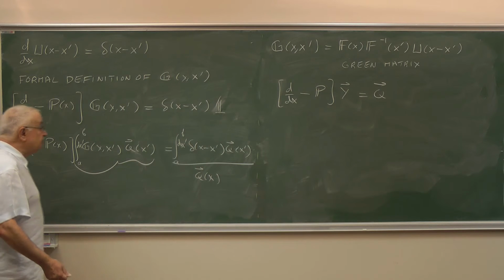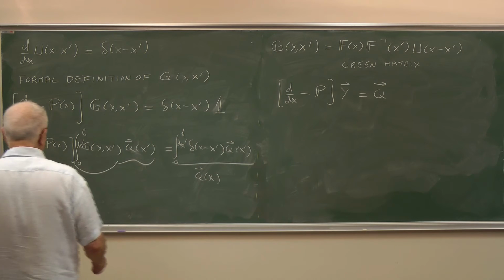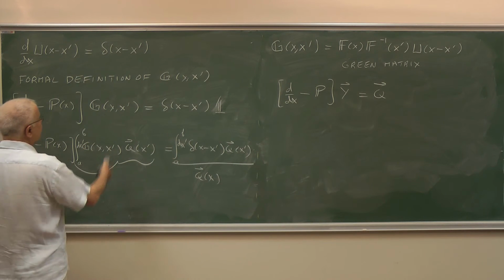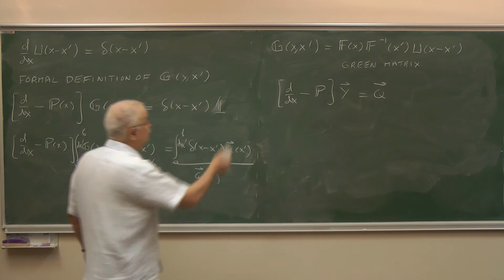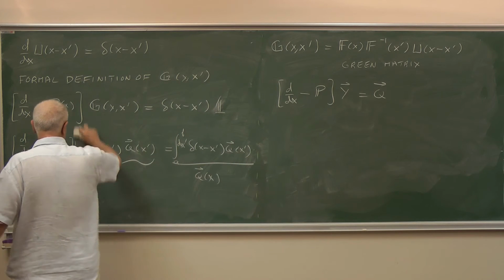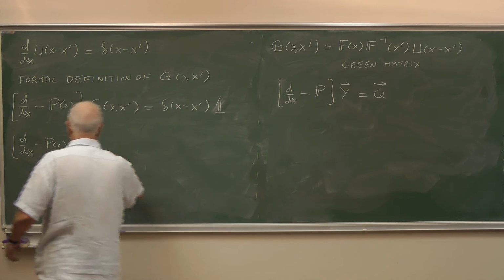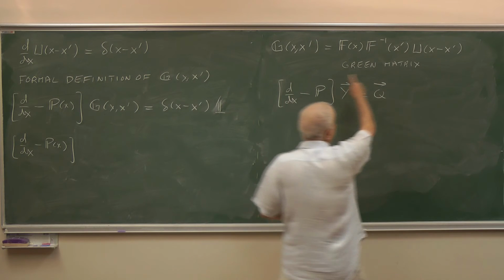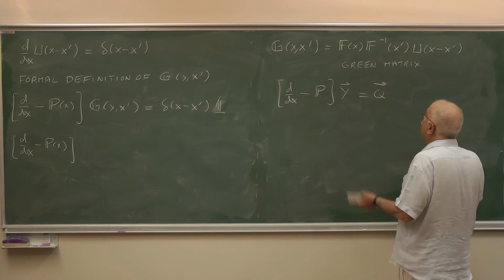Yes, but as I told you, this is very nice. It gives us confidence, but how to construct G? Well, this is how we construct G. Let us show that these two are compatible. Now, this definition I wouldn't call formal.